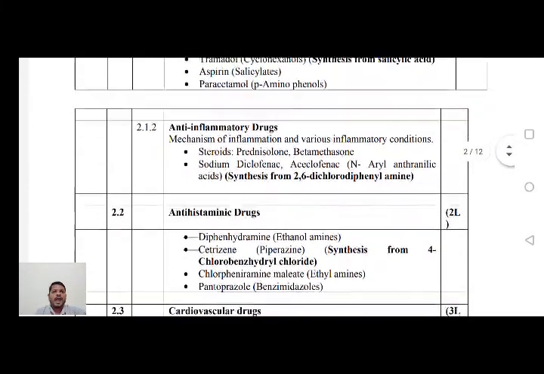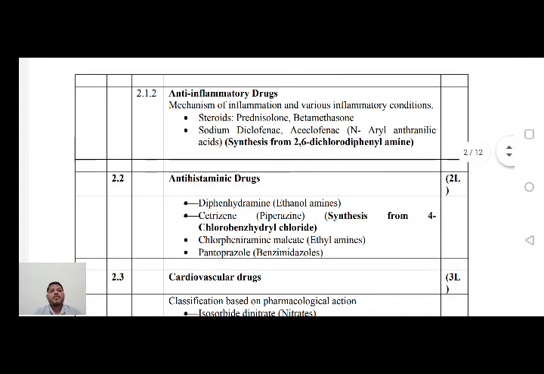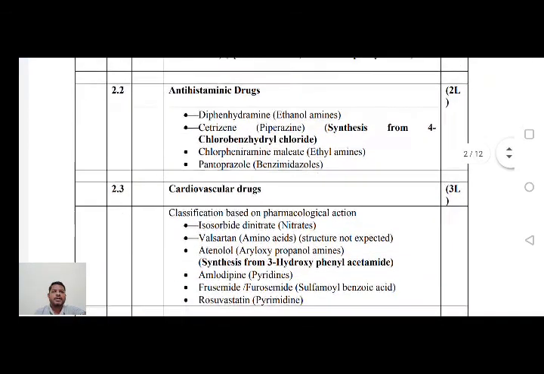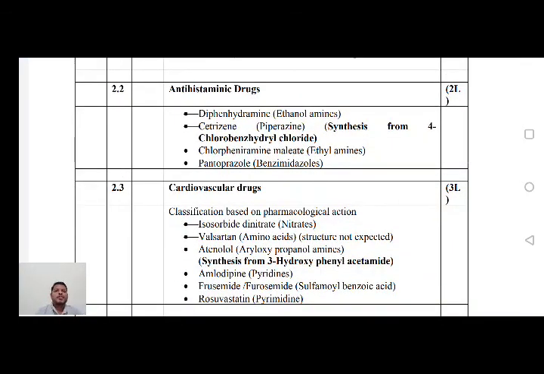Next, anti-inflammatory drugs: the mechanism of inflammation, various inflammatory conditions, their structures, what is meant by inflammation, then synthesis and side effects. Next, antihistaminic drugs: what is histamine, what are antihistaminic drugs, their structure, synthesis and side effects.